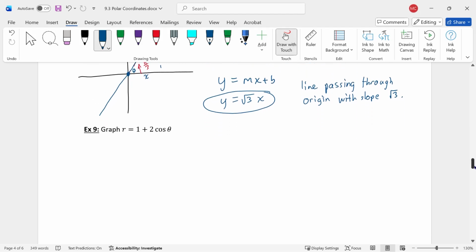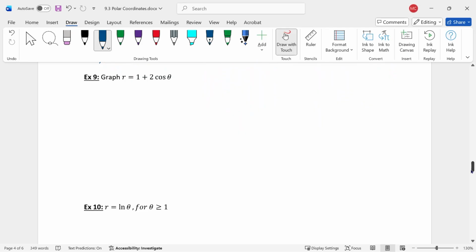Okay, let's graph something else. r equals 1 plus 2 cosine of theta. All right, well, with cosine of theta, my main concern is where is cosine of theta 1? Where is it 0?